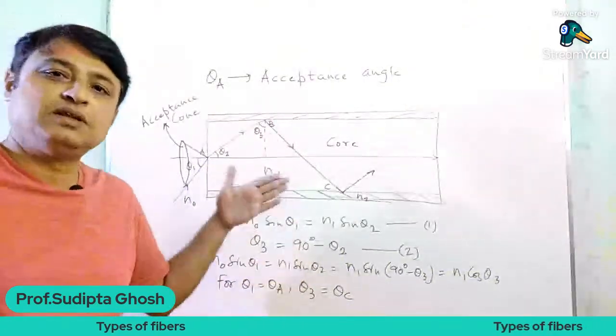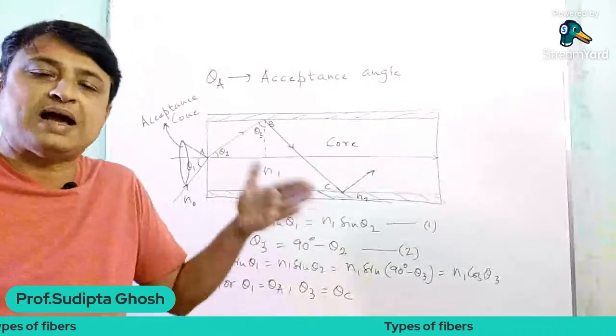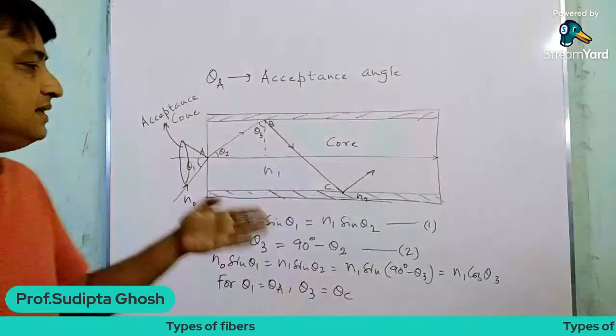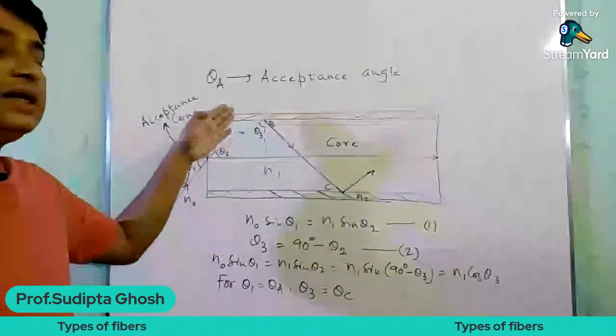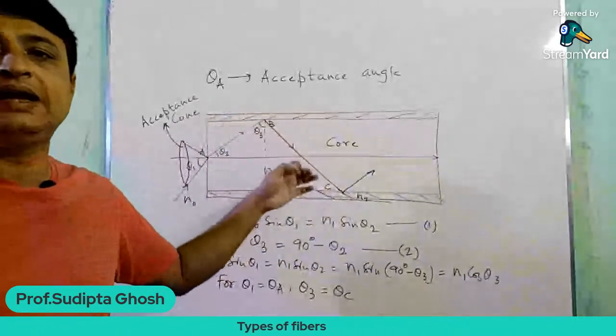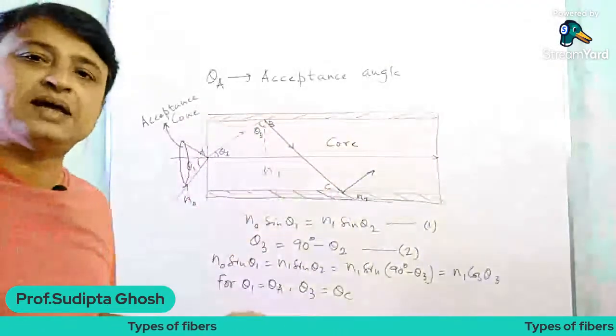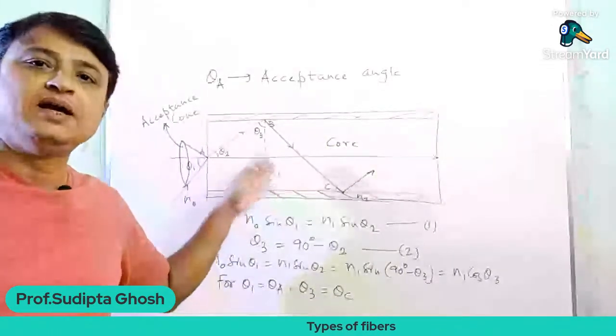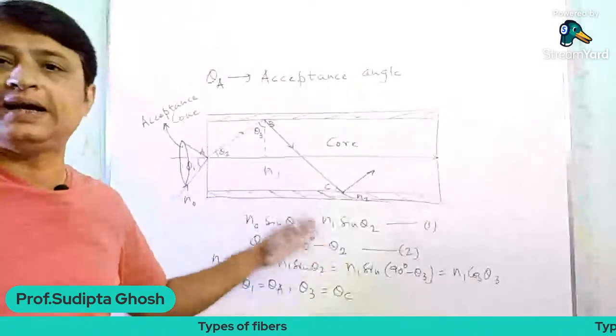That means for this maximum value of the incident angle, the value of theta 3 must not be less than the critical angle, or rather, if this is the maximum value of theta 1, then theta 3 must equal the critical angle.